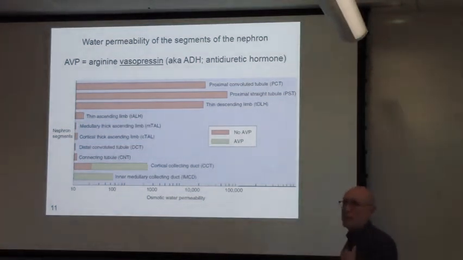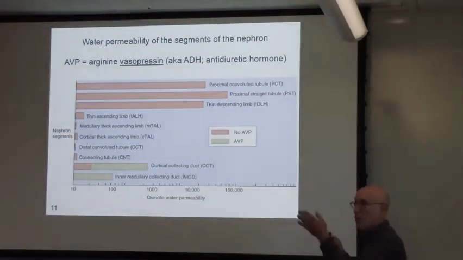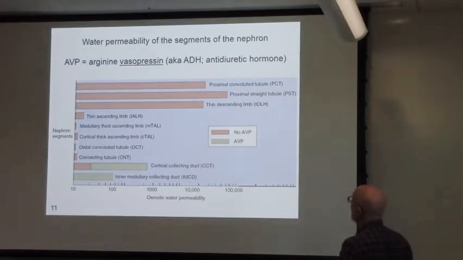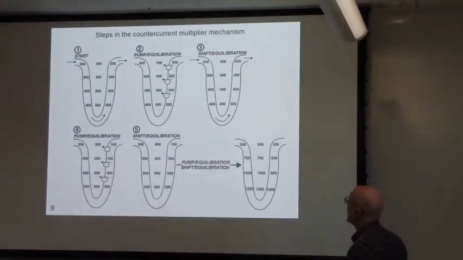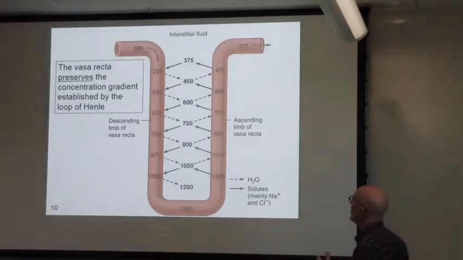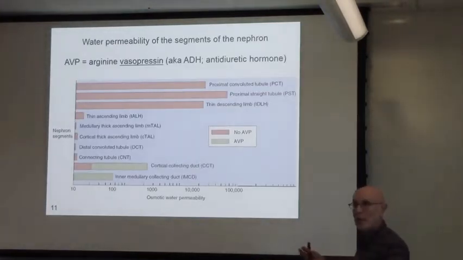This is data that produced that. These are actual data. The descending limb of the loop of Henle, let's not worry about thick and thin, has a high water permeability, which I just told you about. That was part of the countercurrent multiplier. High water permeability in the descending limb, making for equilibration in the descending fluid. Okay, so both of those things you already know, and now I'm proving it.